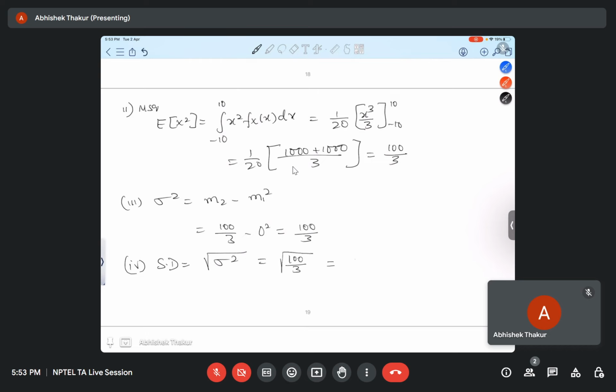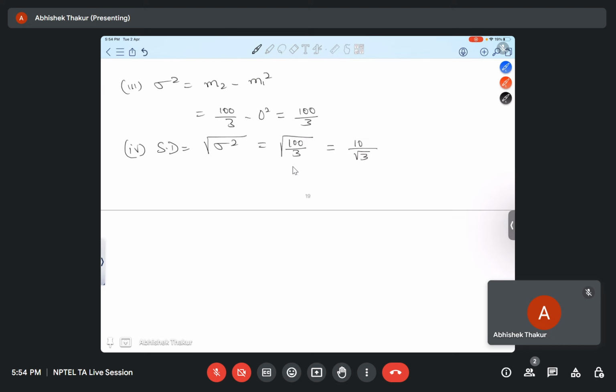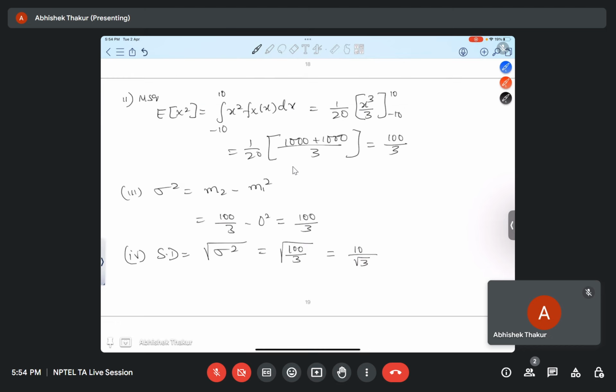So it will be 10 by root 3. Now we will see the Gaussian density function.